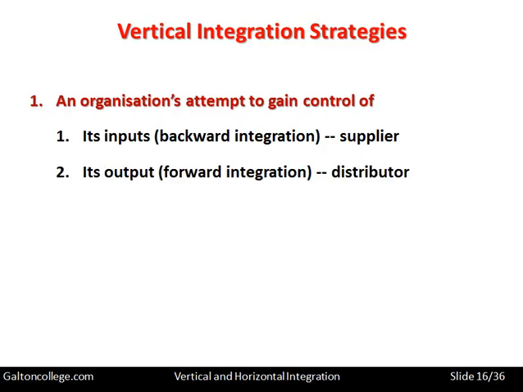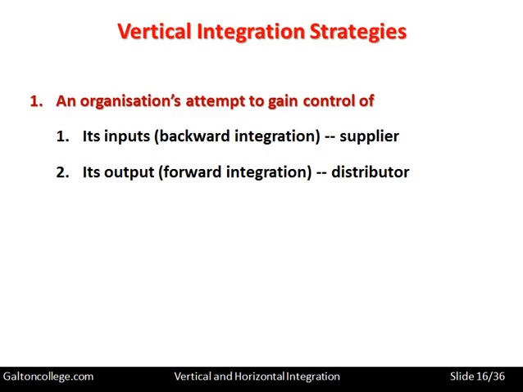It could be forward integration. It could be that the business also opens outlets and sells its products, perhaps directly to the customers. Could sell it to the public, perhaps. So the business becomes a distributor. That's forward integration, forward vertical integration. Backward vertical integration, it becomes the supplier.